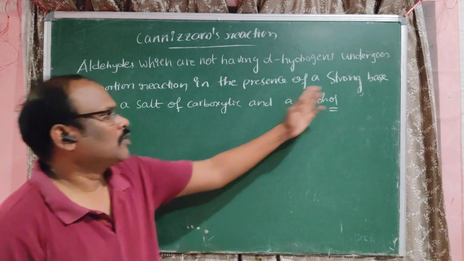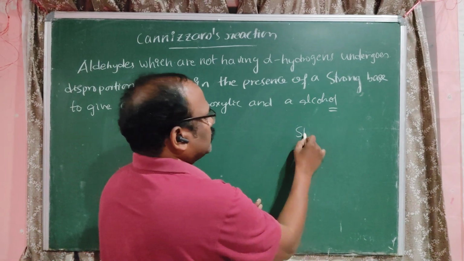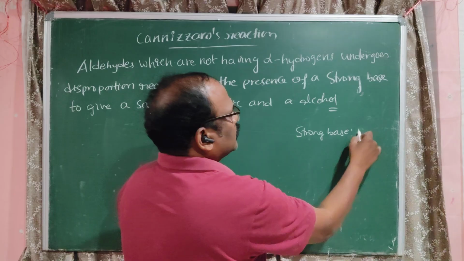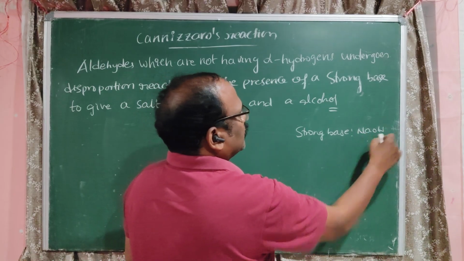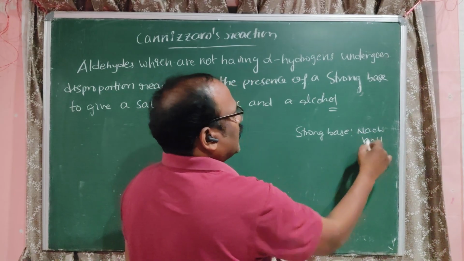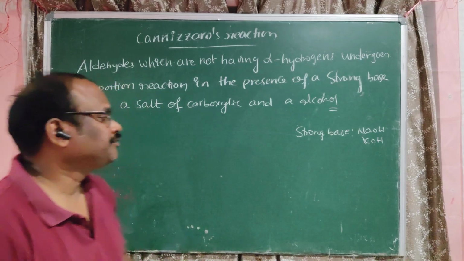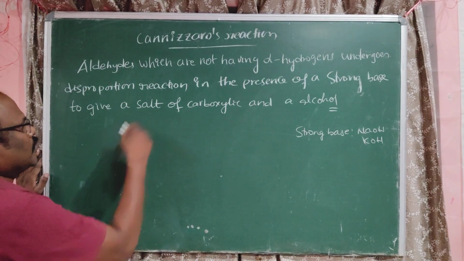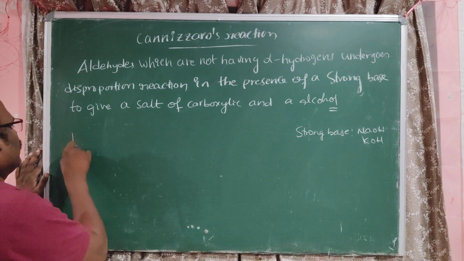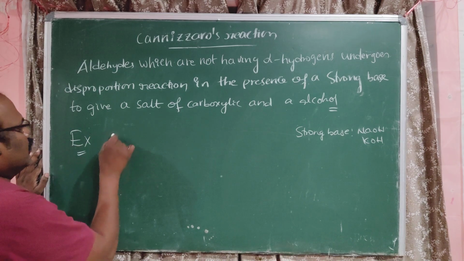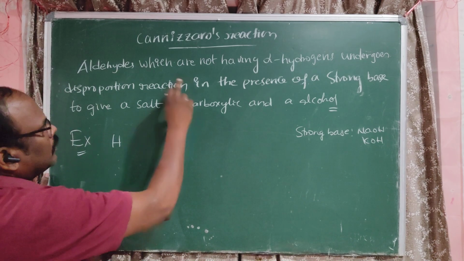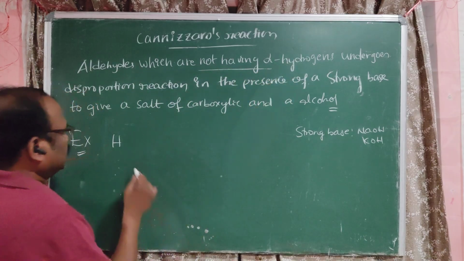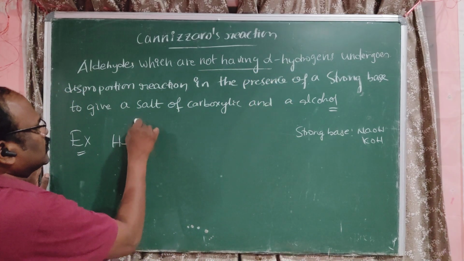Here the strong base is sodium hydroxide or potassium hydroxide or calcium hydroxide, etc. Now we are taking an example to explain this statement. Aldehydes which are not having alpha hydrogens, formaldehyde is a suitable example.